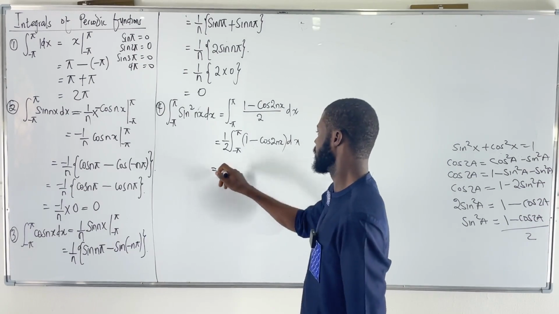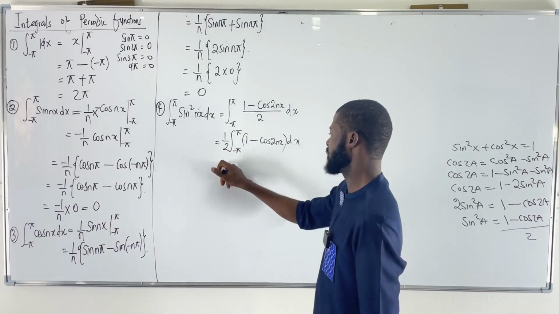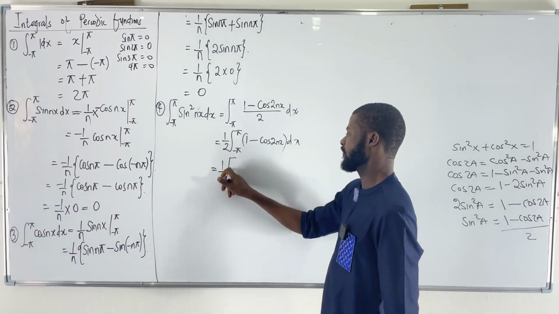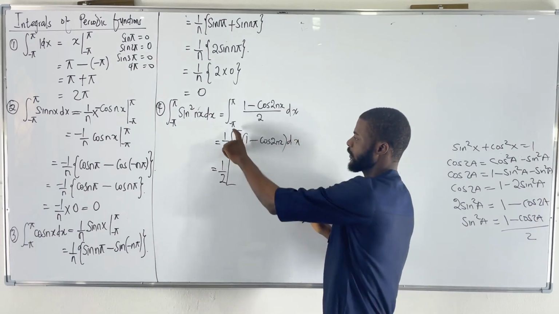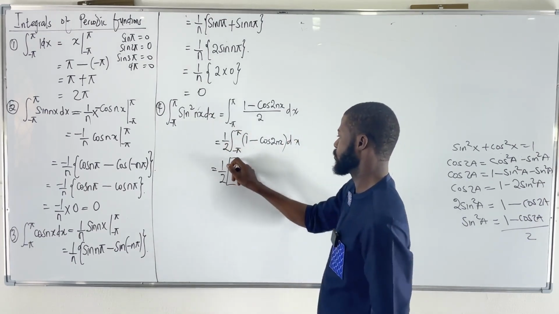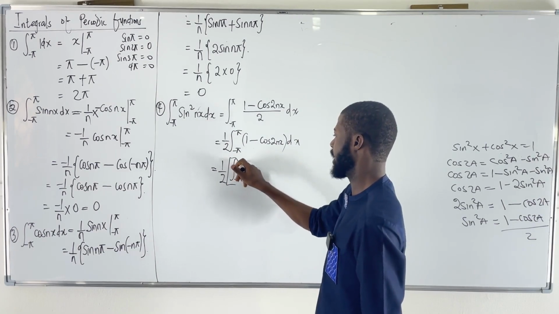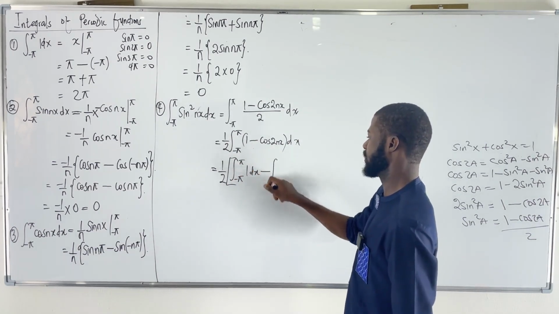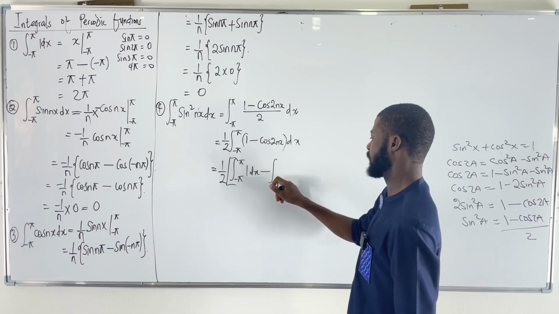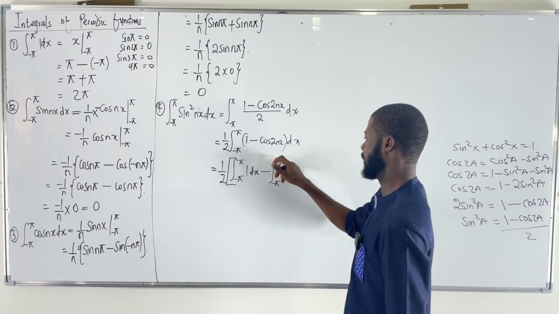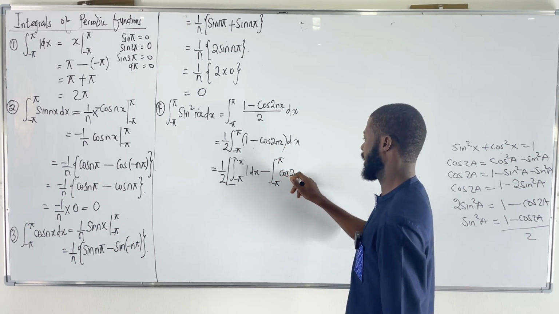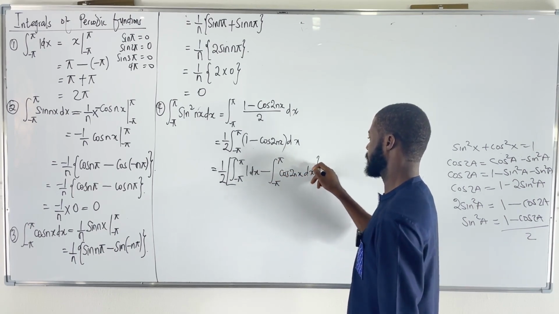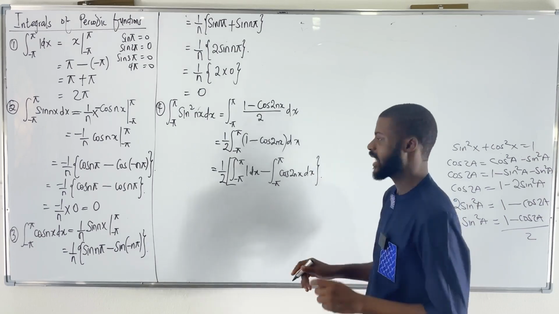So let me expand this integral. Everything here is half. I'm going to take the integral from minus pi to pi of 1 dx minus the integral from minus pi to pi of cosine of 2nx dx. I can just do it like this to make life easy for me.